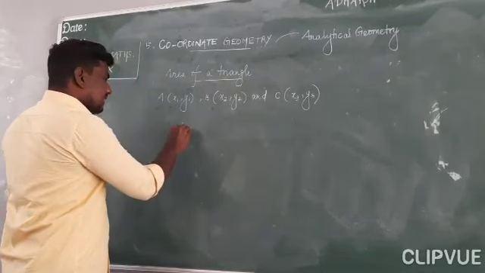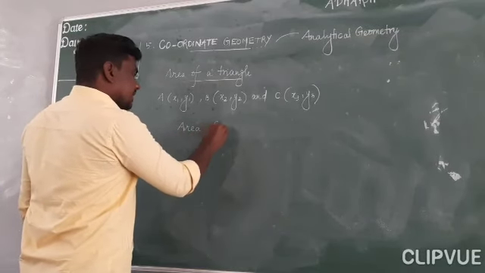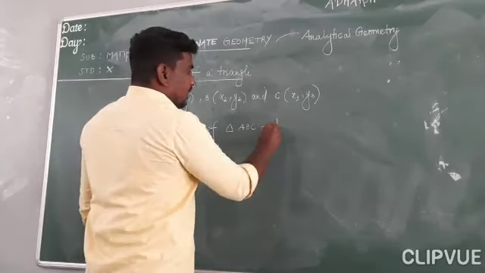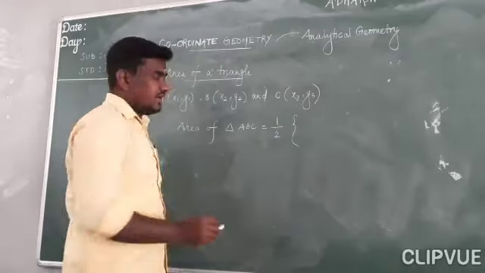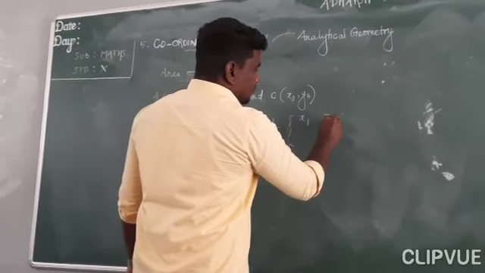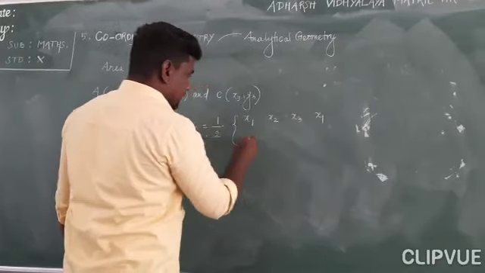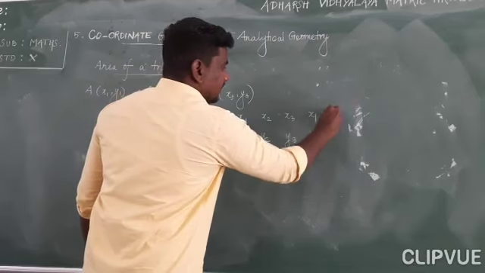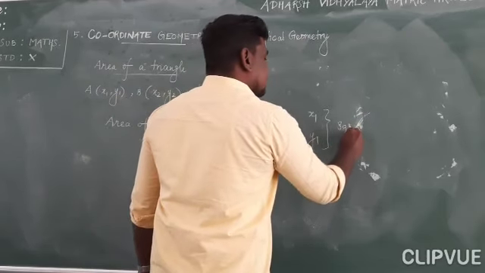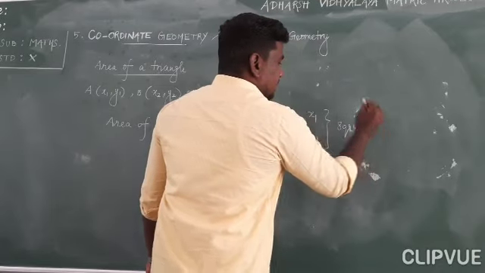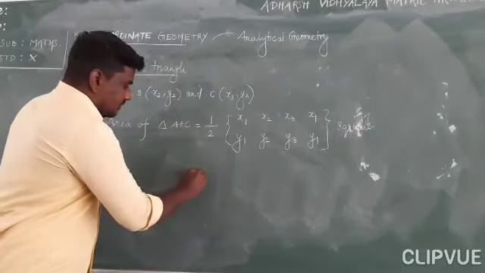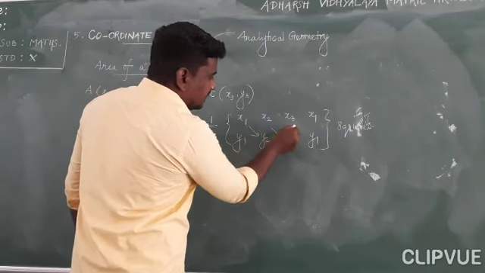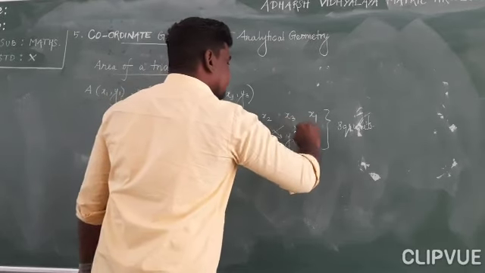So the area of the triangle. Area of triangle ABC is equal to half into, we write x1, x2, x3, x1 and y1, y2, y3, y1, in square units. This is the formula to find the area of the triangle. Here we first multiply with the arrow mark towards down, then up.